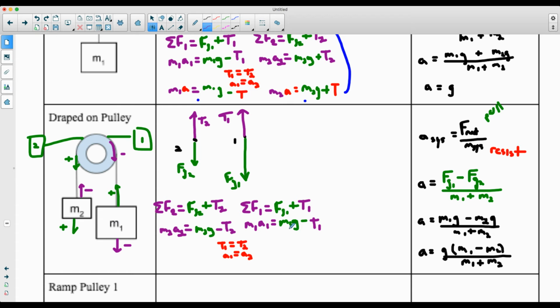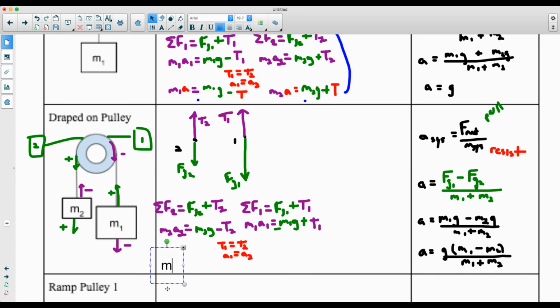And then my M1G, which points down, is in the negative direction. And my T1, which points up, is in the positive direction. Cool. That's all we needed. Now we're good. And then knowing that the tensions are equal and the accelerations are equal, we can substitute in over here. Maybe I can type this. We can substitute in over here, and we can say, get a good font size.